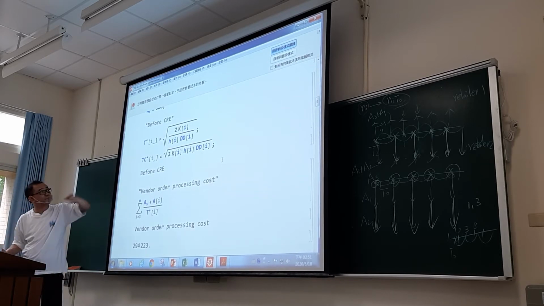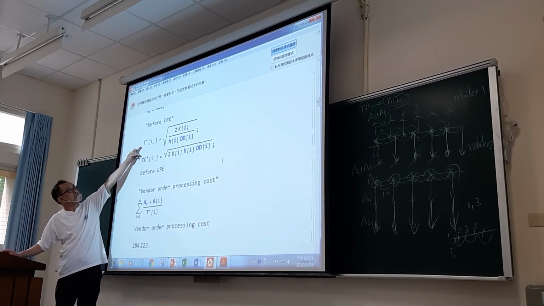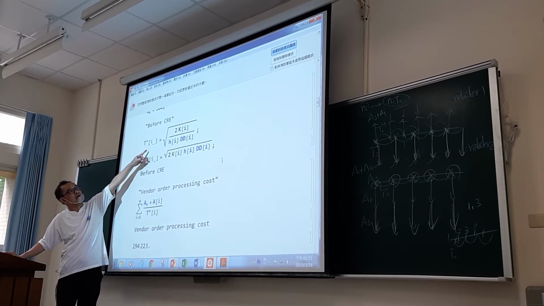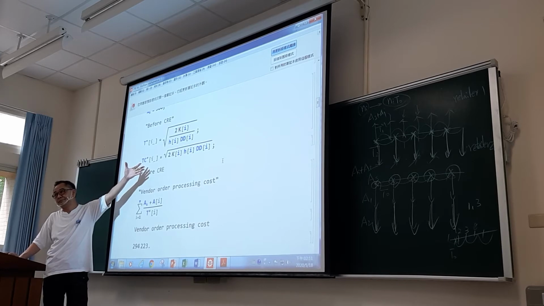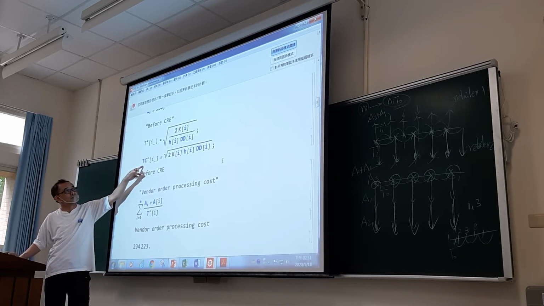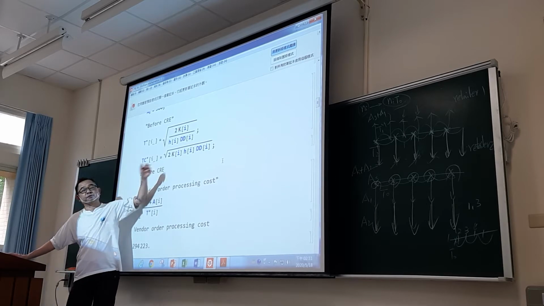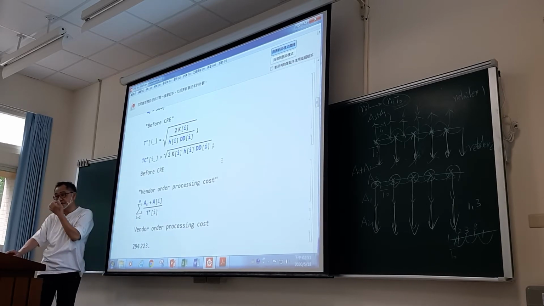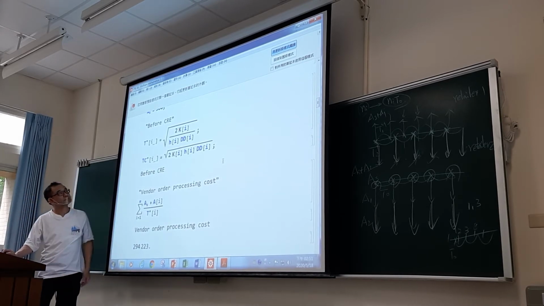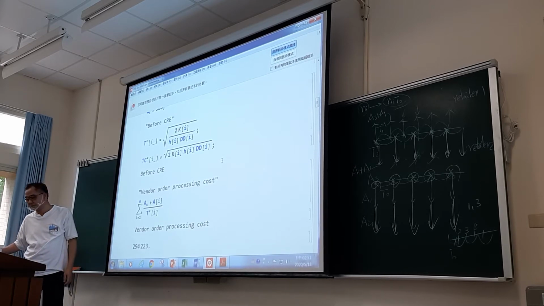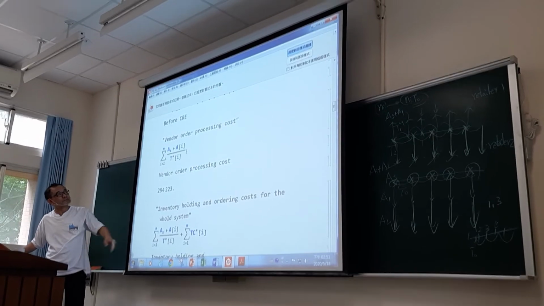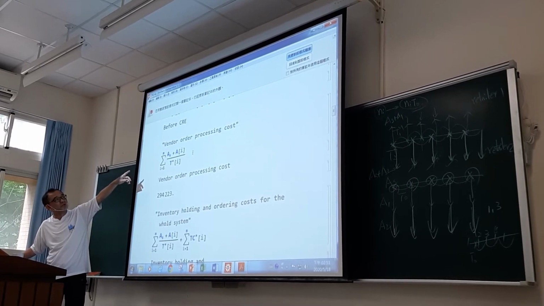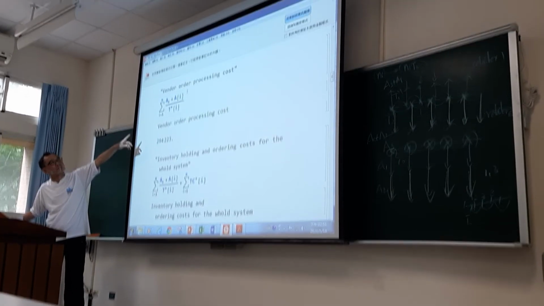So before CRE, there's a TI stop before CRE, and there's a total cost of each retailer before CRE. Then there's the order processing cost.